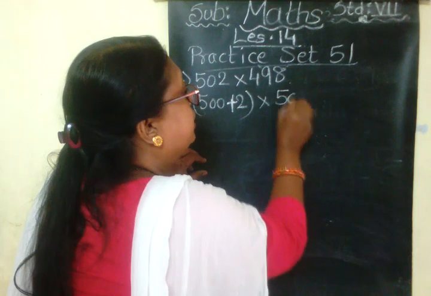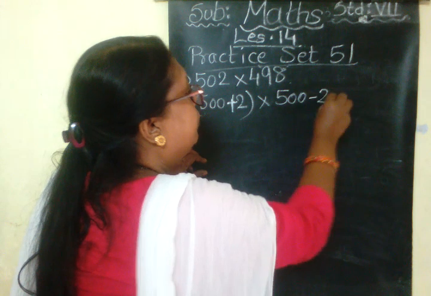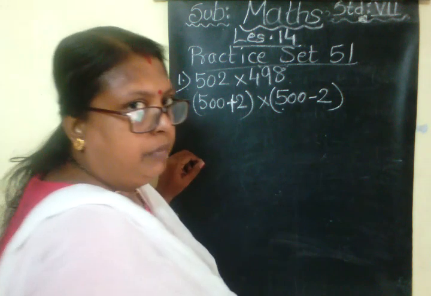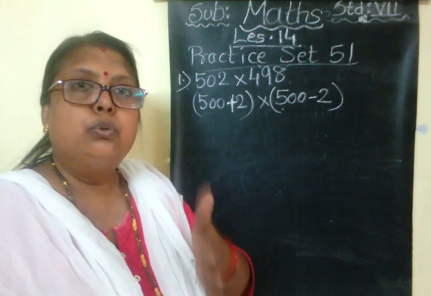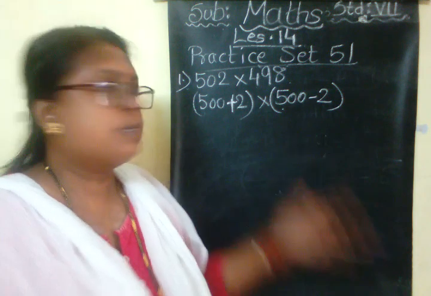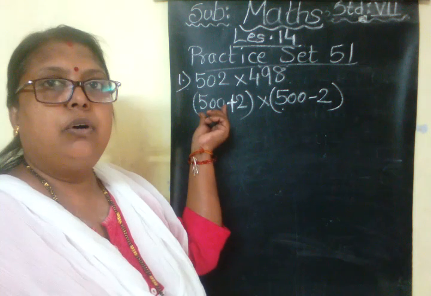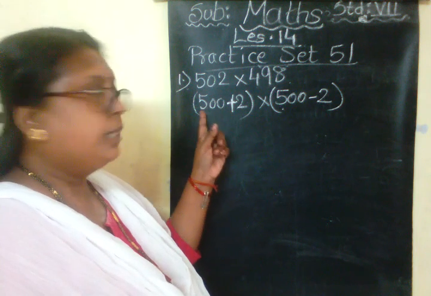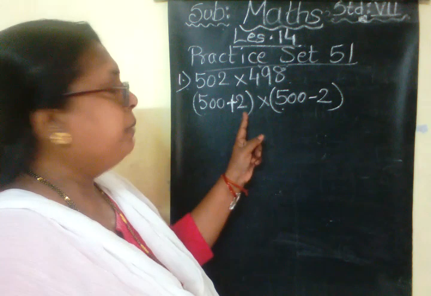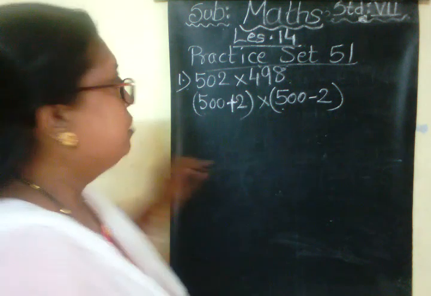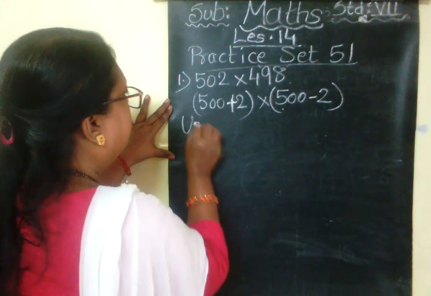As I told you in the previous video lecture, to find the values, you should see that the given number is near to some tens. So 500, all zeros and then only one digit, right? Now this becomes in the form of a plus b into a minus b.